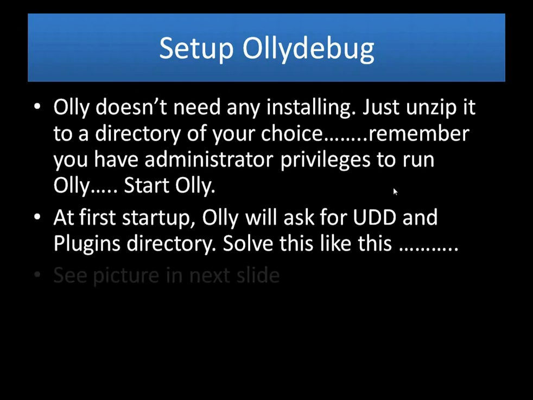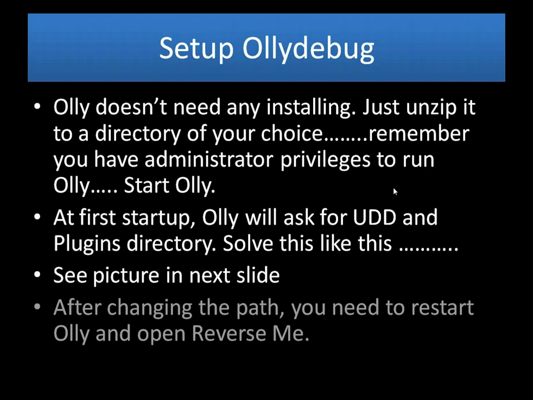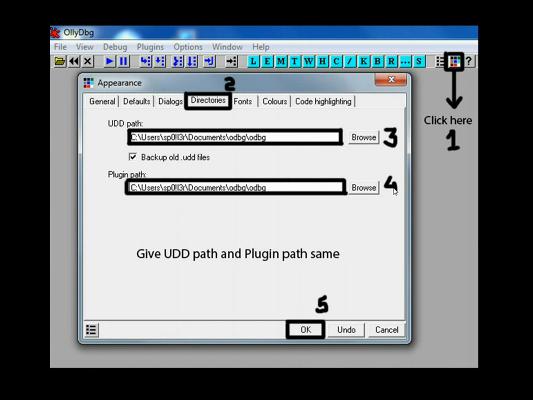We will see how to solve this in the next slide. After changing the path, you need to restart Olly and open reverse me. Here, reverse me is our target.